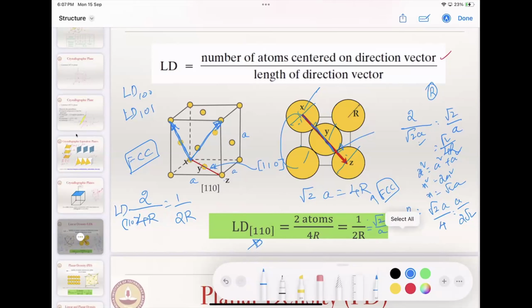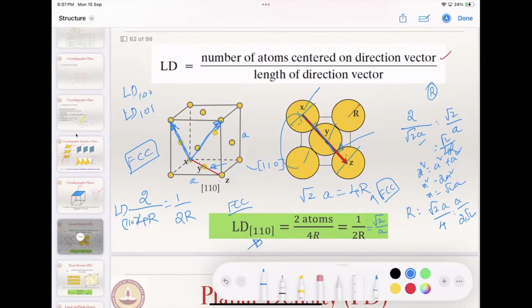In BCC, these two atoms will be touching. So the crystallographic direction linear density depends on the crystal structure. LD110 on an FCC lattice is not the same as in the BCC lattice on the same direction. Okay?